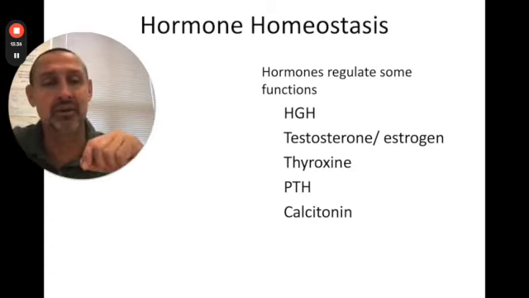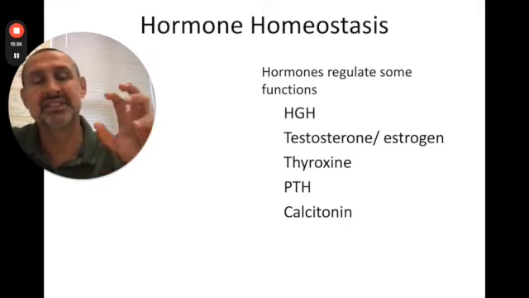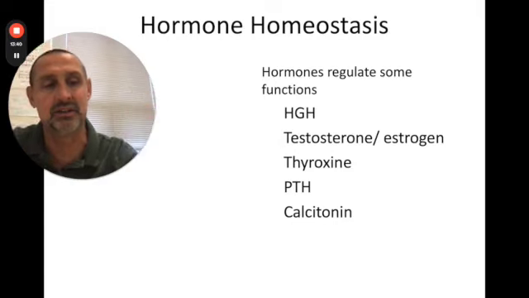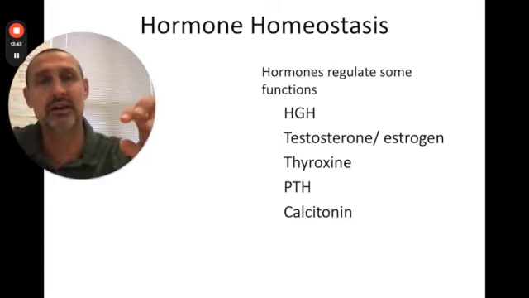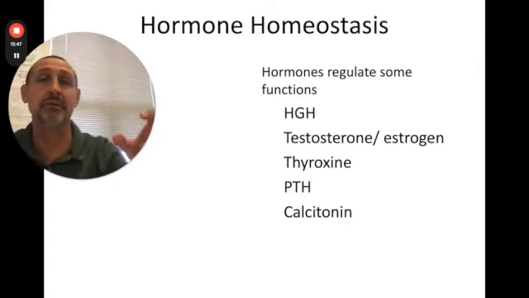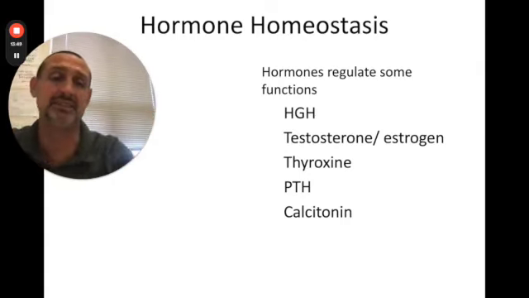PTH, or parathyroid hormone, helps stimulate the osteoclast to release calcium into the blood, whereas calcitonin helps stimulate osteoblasts to collect that calcium from the blood and deposit it into the new bone.